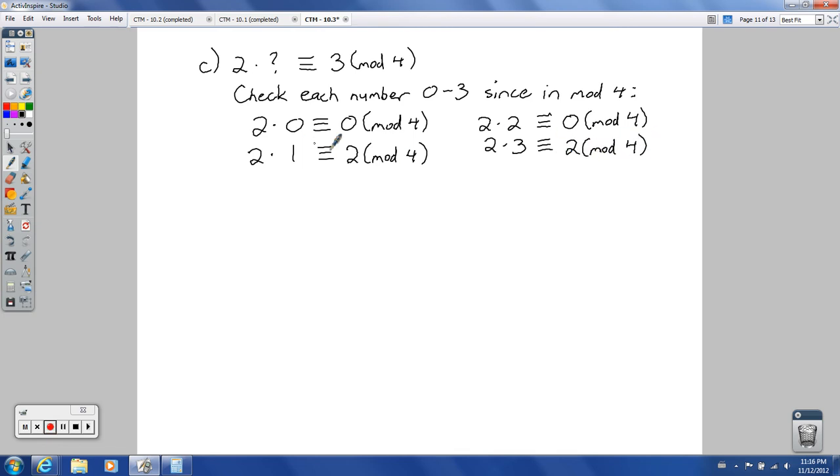So you look at this and you take out your different color and you're like, oh, wait a minute, it's supposed to be 3. I don't see any 3. That's right, there is no 3. So there is actually no answer. Sometimes there's not going to be a value that will actually work for the question mark. So let's write that down. So this one, there's no value that makes the statement true.